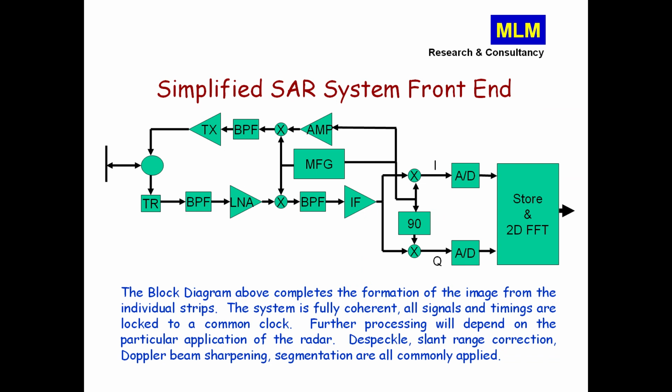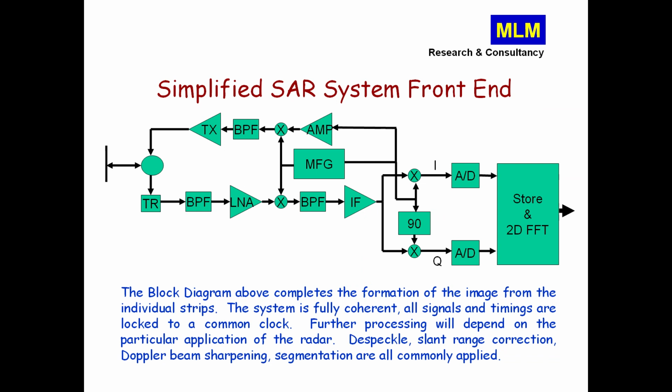What comes back goes through a transmit-receive cell, to protect the front end of our receiver, then a bandpass filter, to make sure we just get the signal, not the noise. Low noise amplifier, mix it back down to 300 megs or thereabouts, with Doppler and whatever on.